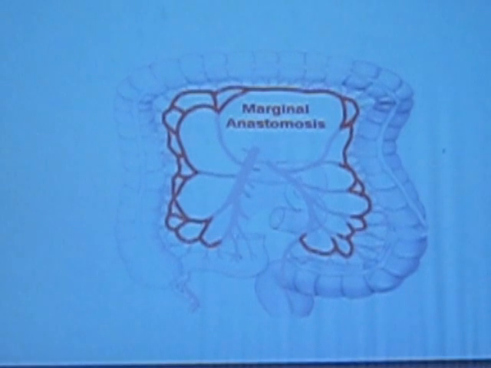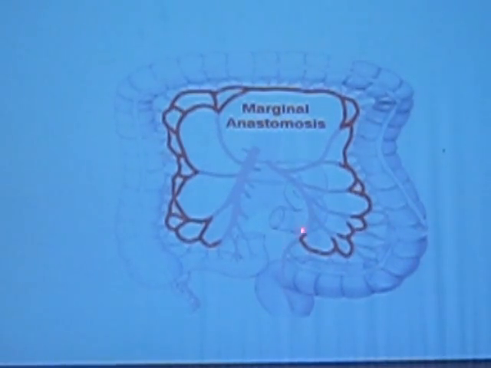Any obstruction in the major trunk may not give rise to gangrene of the part of the intestine, because due to this active anastomosis, the blood may travel from the other branches. So the marginal arteries are the site for the anastomosis of the superior and the inferior mesenteric arteries.